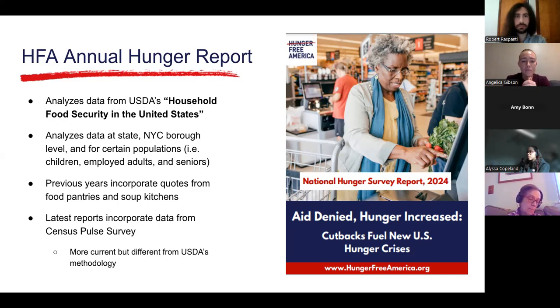And so those quotes are just this incredible treasure trove of resources of food pantry and soup kitchen staff really saying, hey, this specific thing is going on in my community and had a huge impact on hunger. They're talking about nuances and the cost of living in their neighborhoods and all those kinds of things that just get a little bit lost in the sauce.